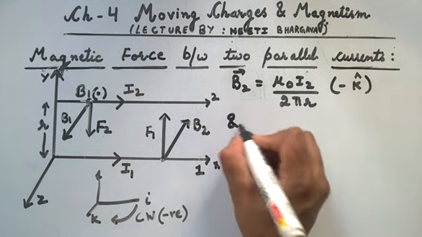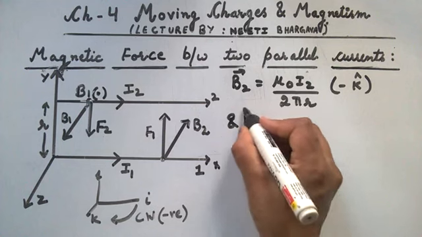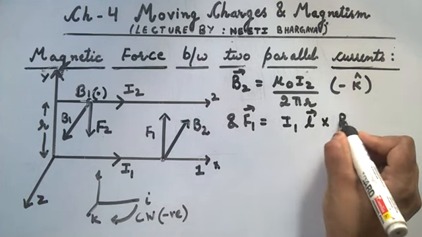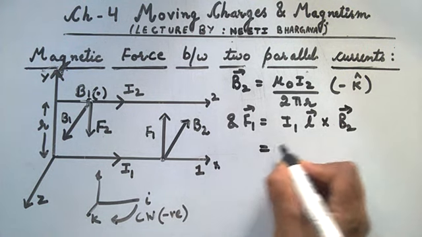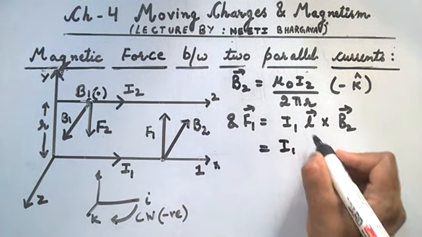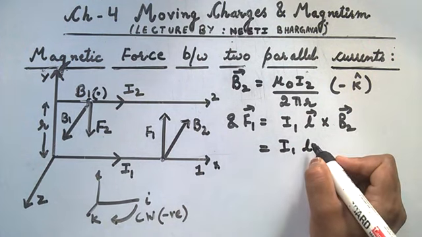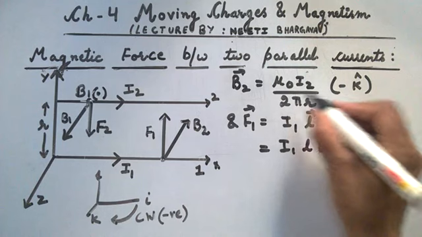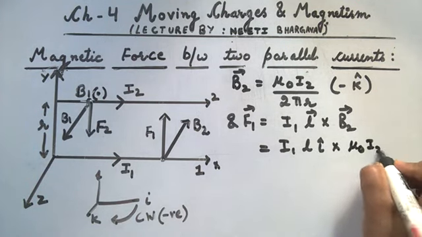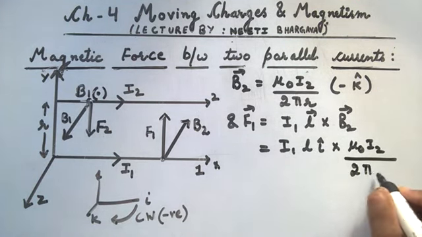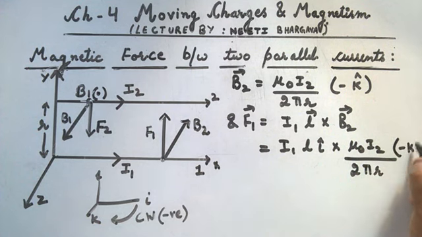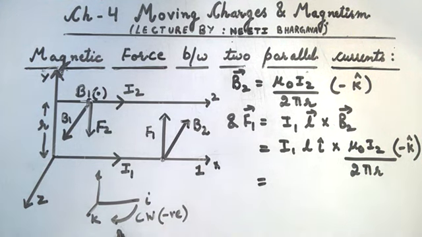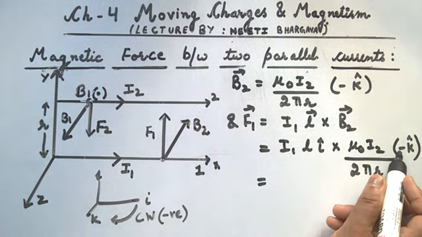The force F1 is equal to I1 L vector cross B2 vector, and the L vector is along i cap, along the x axis, cross mu naught I2 upon 2 pi r minus k cap. Here i cross k is minus j, and minus times minus is plus.